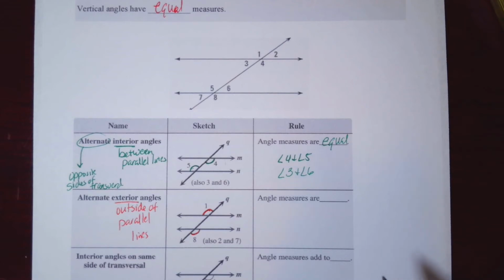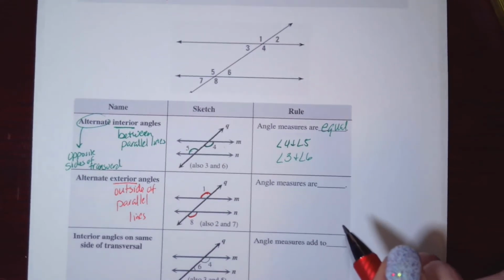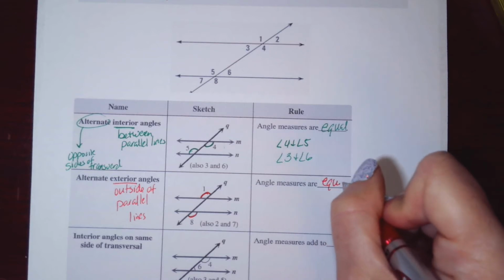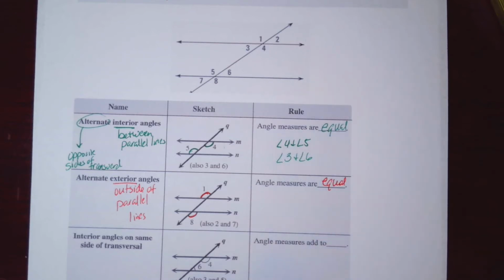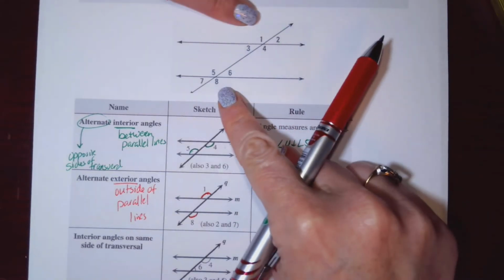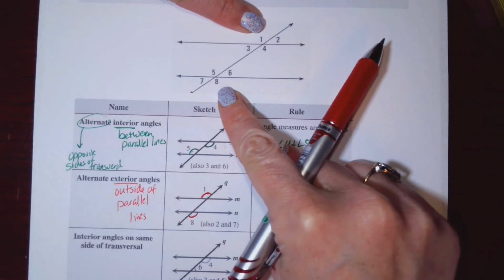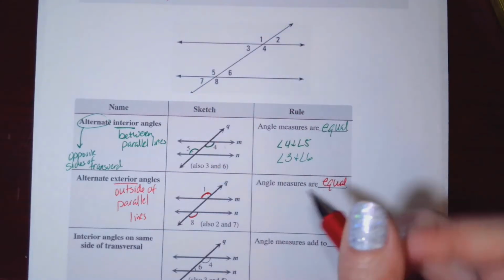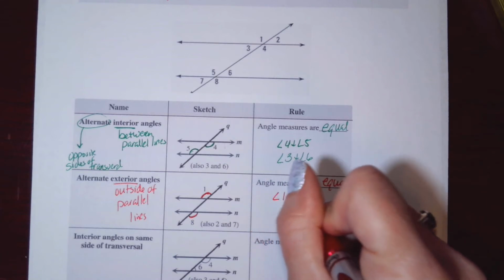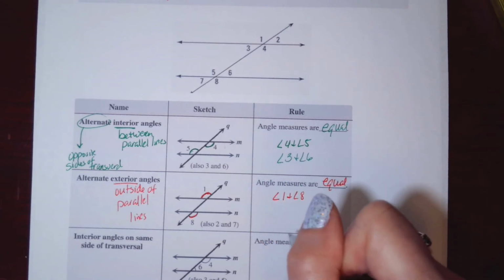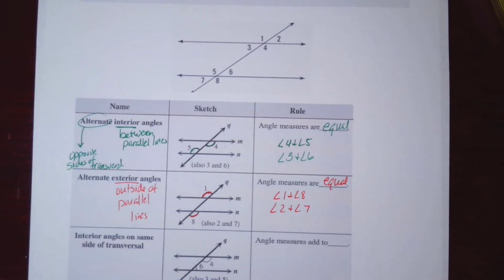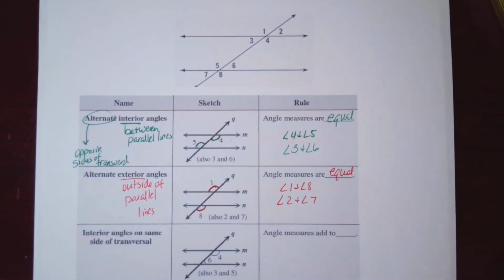They are alternate exterior angles. Their measures are also equal. And if you look at the exterior sides of the parallel lines, you see there's another pair of alternate exterior angles. So we've got angles 1 and 8, as well as angles 2 and 7, as our pairs of alternate exterior angles.